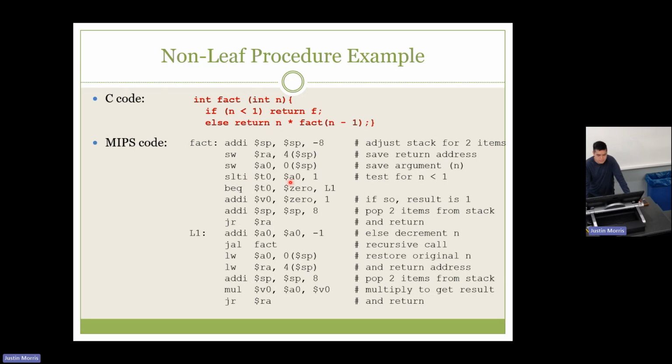And again, set less than immediate is very useful here because a lot of the time we'll have something like this where it's not two registers being compared. Then we're going to branch if they're equal. So if this is not true, we will branch to L1, which is down here.